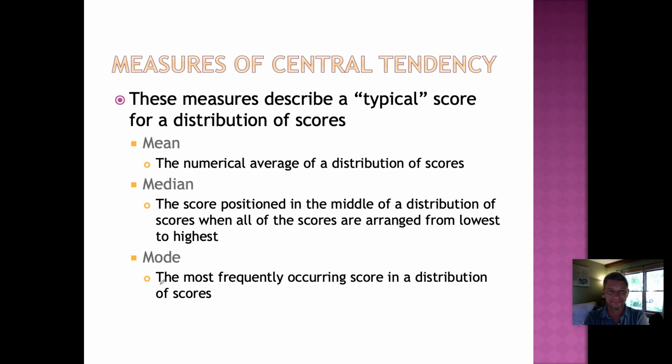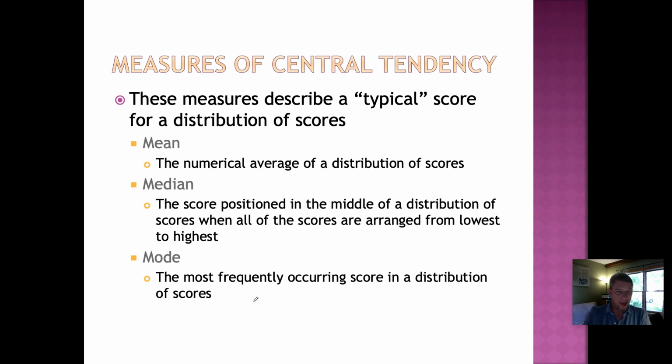All right, now let's have a look at some possibilities. I'm going to give you an example with 5 scores all together, and I'm going to ask you to calculate the mean, the median, and the mode of these scores.